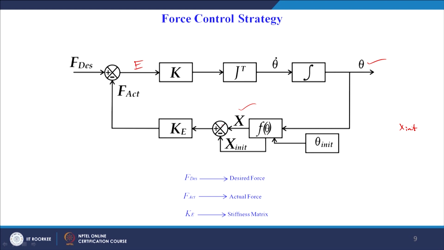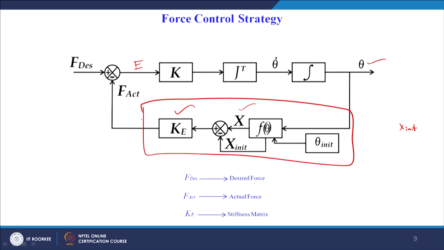Then that product with the summation x minus x initial, with the product with the Ke, which is the stiffness matrix of the environment, will give the force actual, that is the actual force, because this is a modeling portion.